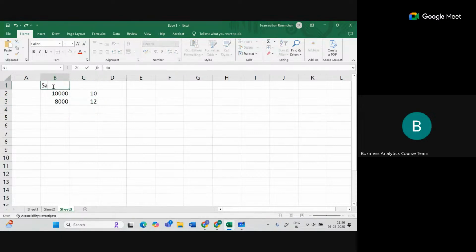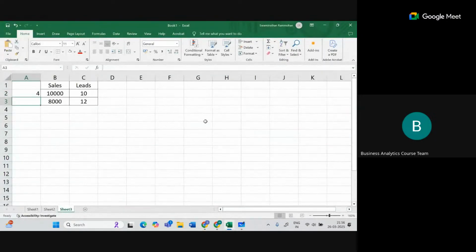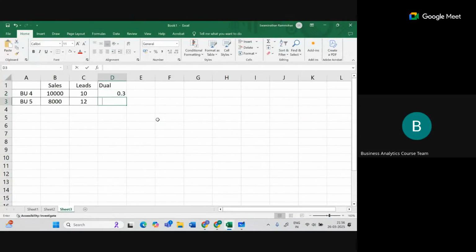This is sales, this is leads. The dual variables corresponding to business unit 4 and 5 are 0.3 and 0.4. This is the information.